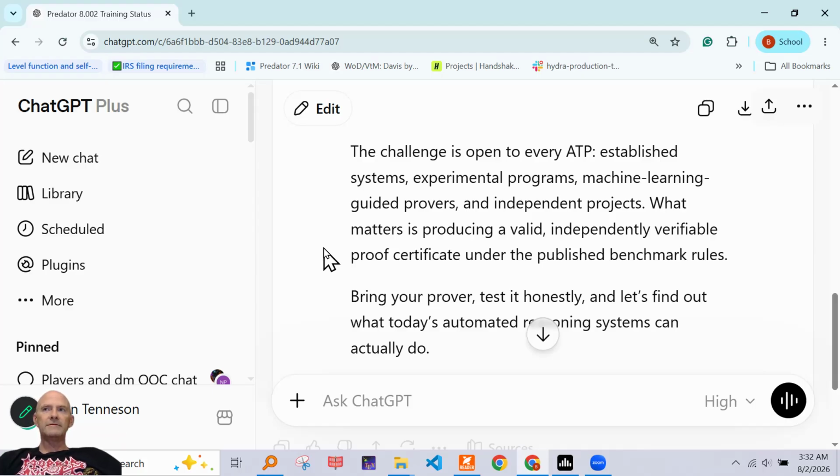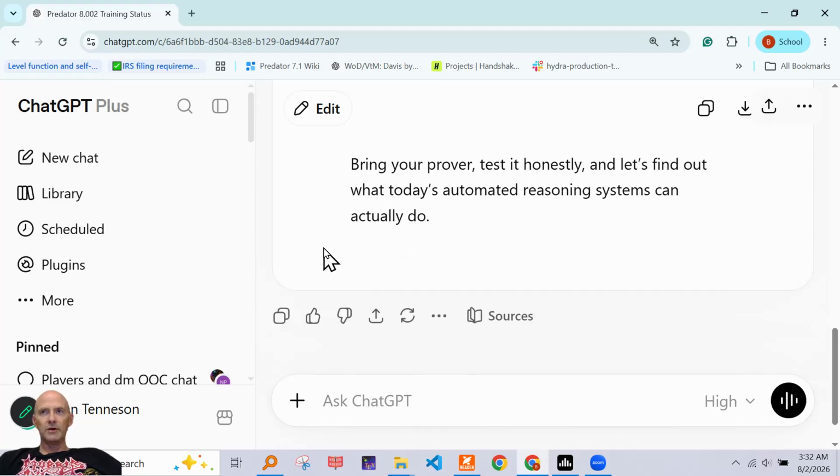ATP established systems, experimental programs, machine learning guided provers, that's where we fall, independent projects. What matters is producing a valid, independently verifiable proof certificate under the published benchmark rules. So we're gonna come up with that later, but bring your prover, test it honestly. Let's find out what today's automated reasoning systems can actually do.